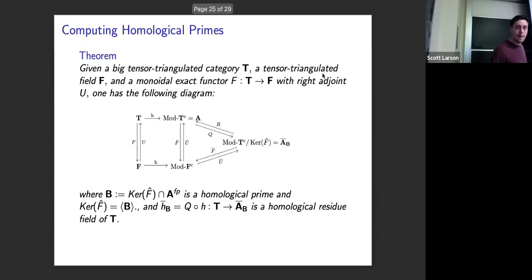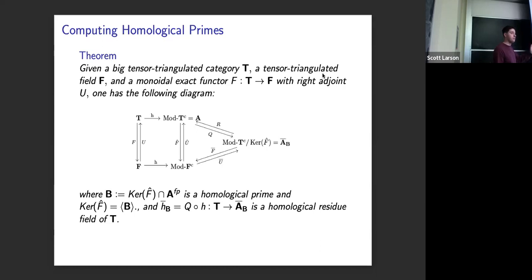Okay. All right. So I want to go back to thinking about homological primes. Remember, they're very abstractly defined. But it turns out, by some work of Balmer and Cameron, we have some methods for constructing homological primes. What it boils down to is that you need a tensor functor from the triangulated category that you're interested in to something called a tensor triangulated field.